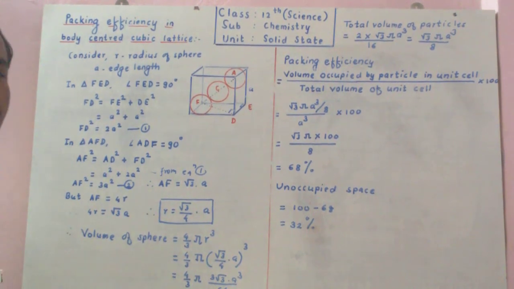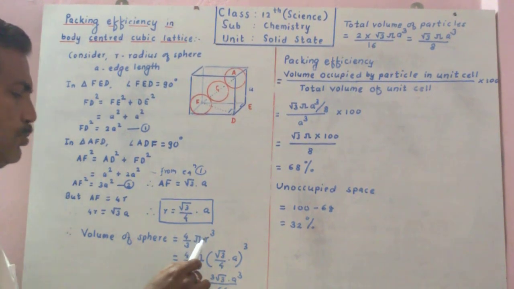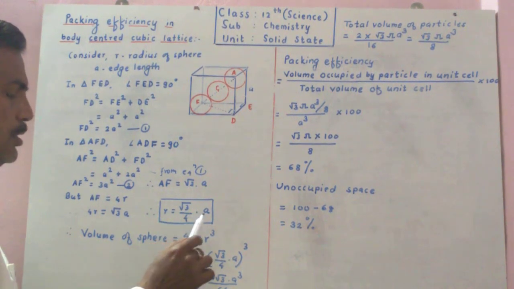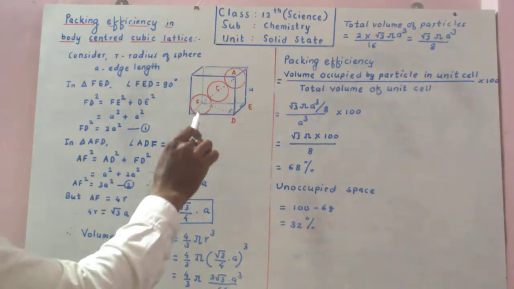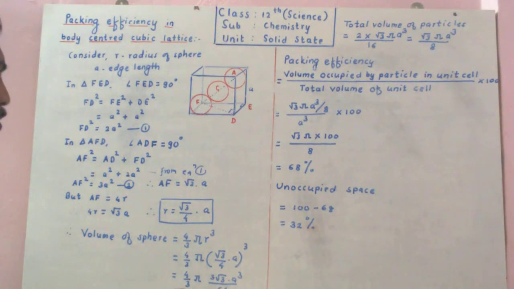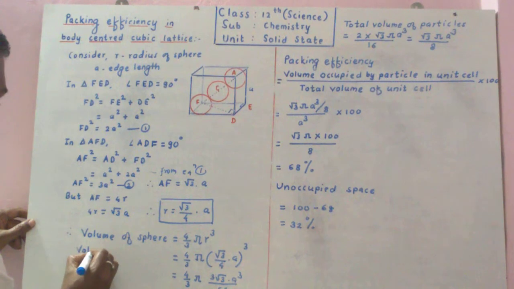Now the volume of a sphere is 4 by 3 pi r cube. So put here the value of R in terms of a. After calculation, we will get the volume of the sphere as root 3 pi into a cube upon 16. So it is actually the volume of one particle.